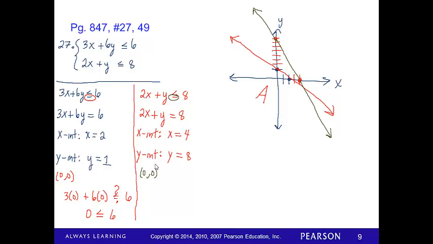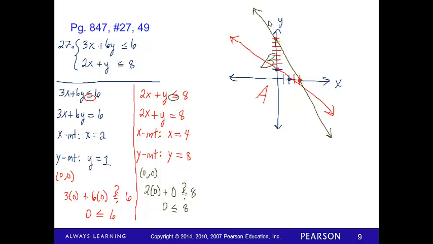It's probably one of the most beautiful numbers out there to use. So 2 times 0 plus 0, is that less than or equal to 8? Well, again, you get 0 on the left side, 8 on the right side, and yes, 0 is less than or equal to 8, which means we would have shaded this half of the region, right?